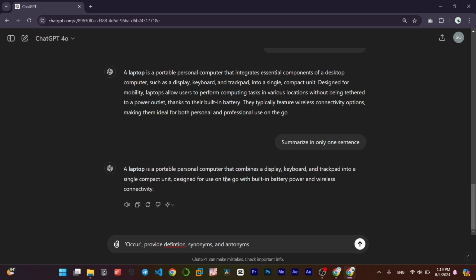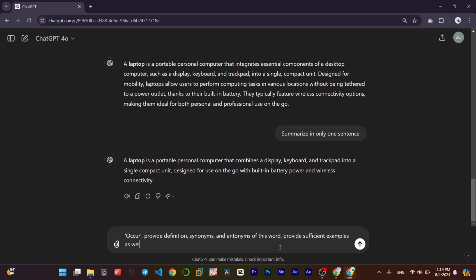I didn't want to write it correctly. Synonyms and antonyms of this word. Provide sufficient examples as well.